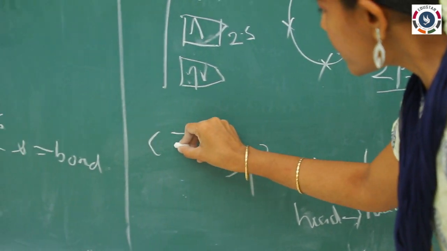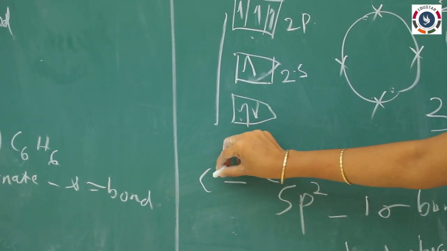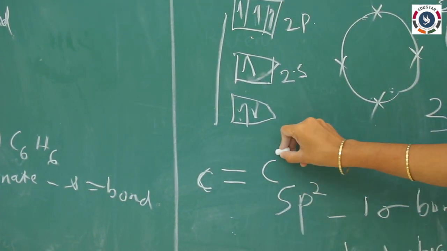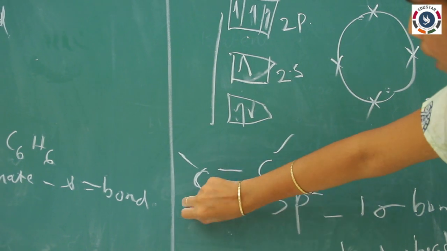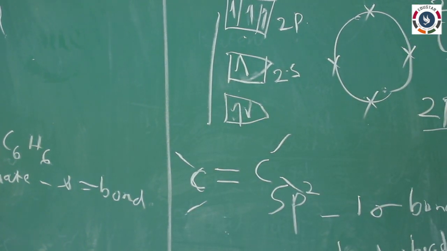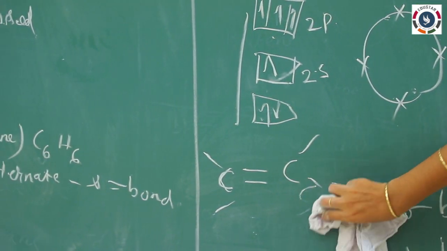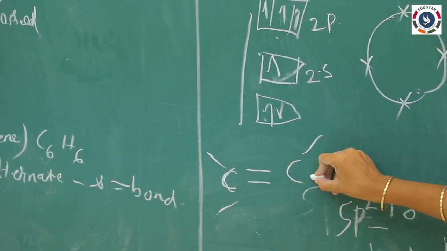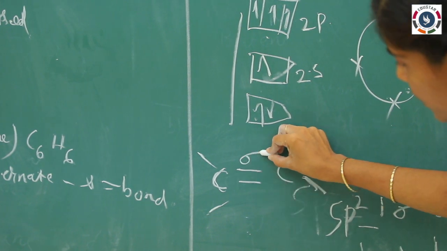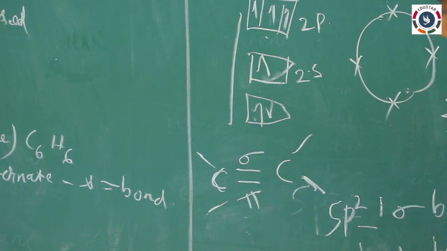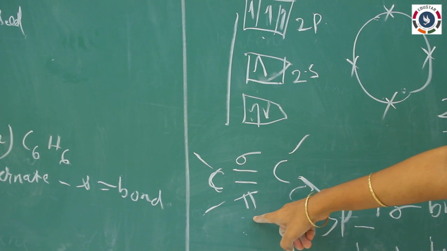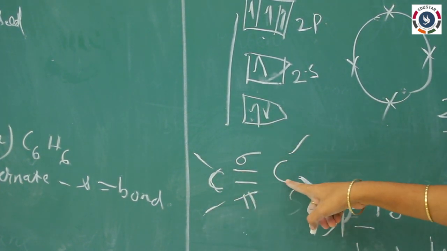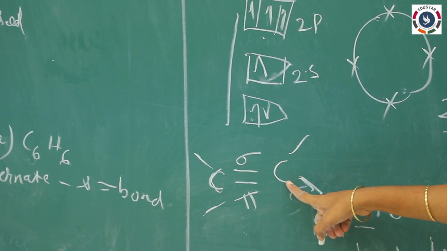So, this is the structure, right? There is a double bond found between the 2 carbon atoms, and those 2 carbon atoms have 2 neighbors each, right? So, this will be the thing, the one is sigma bond and one is pi bond. This pi bond will be formed between the carbon atom and the next neighboring carbon atom.